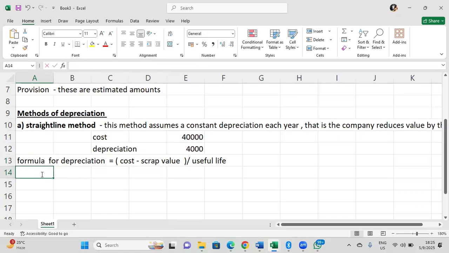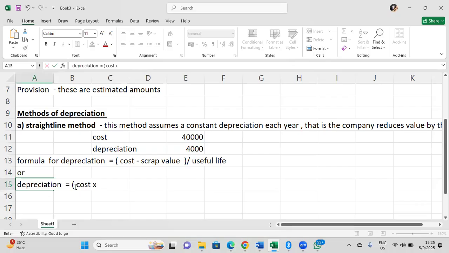Formula number 2: if it's a straight line, you can also say depreciation is the cost times the percentage given. So again, it's straight line.